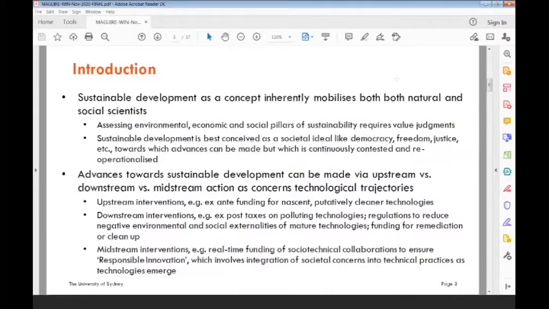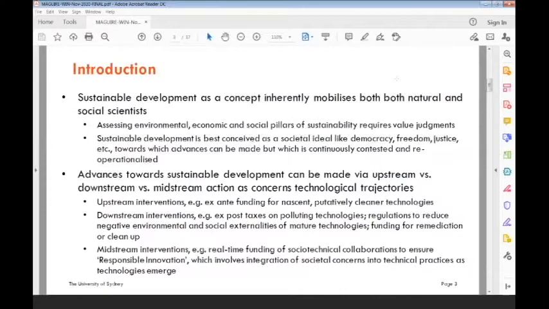Now, advances towards sustainable development can be made via upstream, midstream, or downstream actions as concerns technological trajectories. In terms of upstream interventions, governments can fund in advance what they believe to be cleaner technologies. But there's always the chance of negative externalities and unintended consequences.